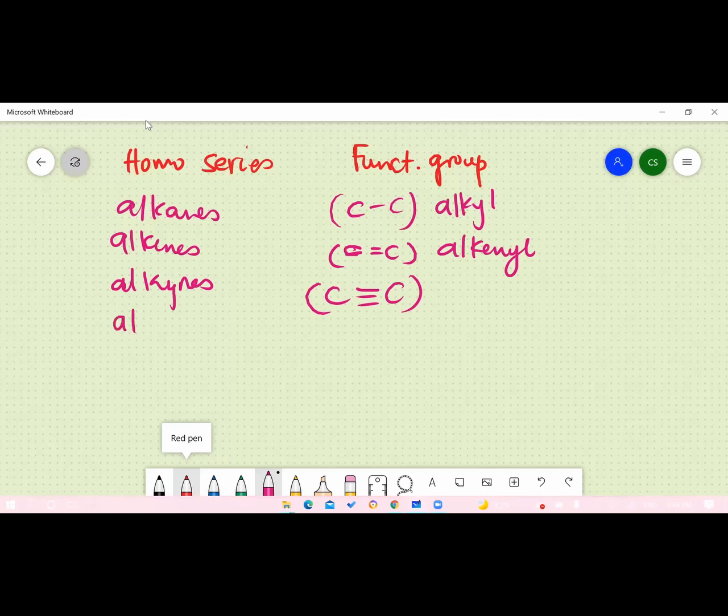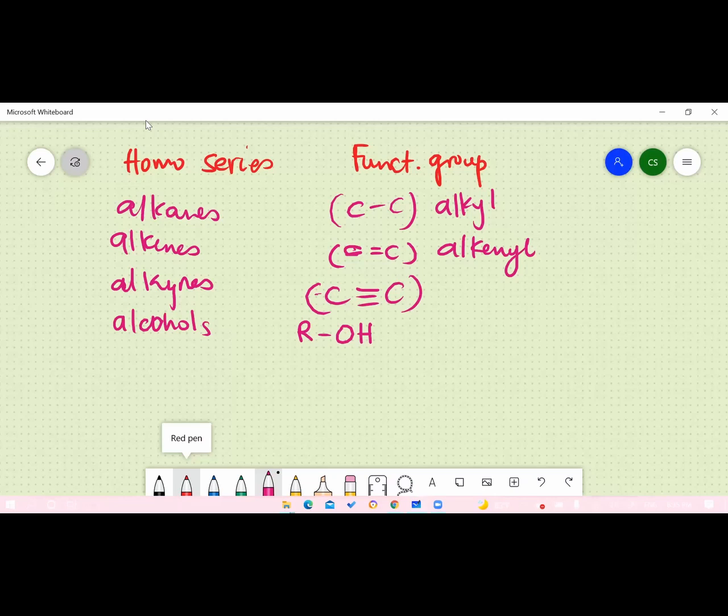Then you have alcohols. Functional group is an OH group, right? R groups meaning rest of the molecule, right? So you can attach R groups to these as well.